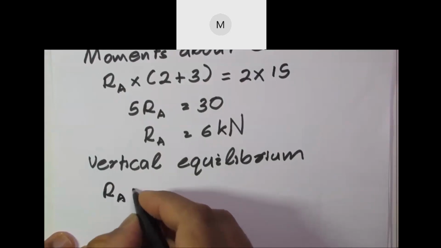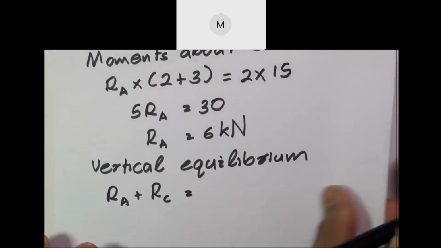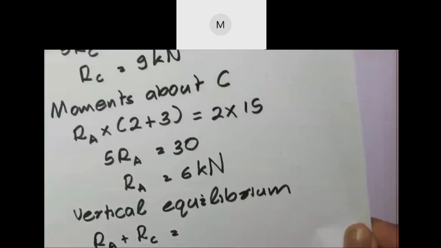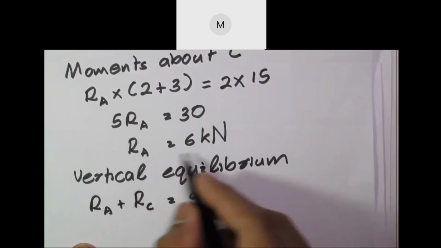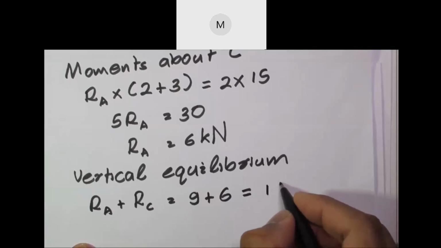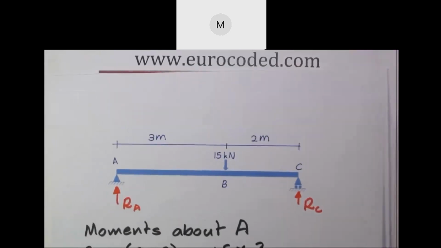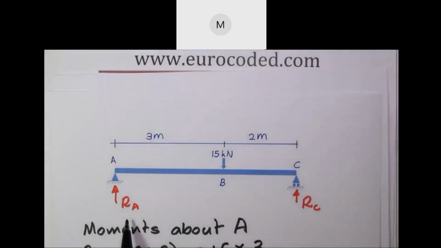You can write RA plus RC is equal to 9 kilonewton plus 6 kilonewton is equal to 15 kilonewton, and that is equal to the applied force. So the results we derived for RA and RC reactions are correct.